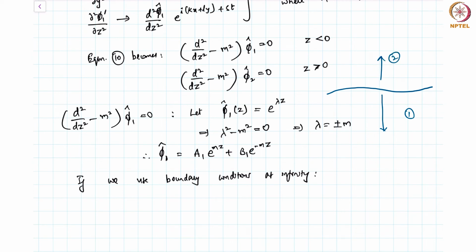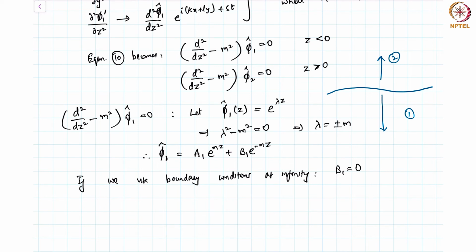So as you go far away from the interface to minus infinity, you cannot have this quantity growing. Phi 1 cannot be growing. Therefore, we have to suppress b1. So b1 essentially has to be 0, right? So only the decaying terms will be considered.